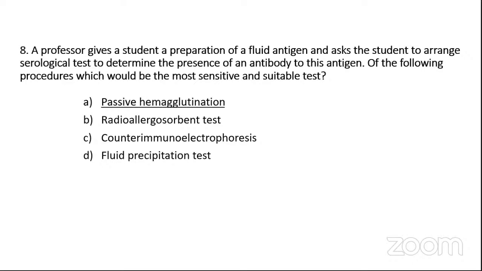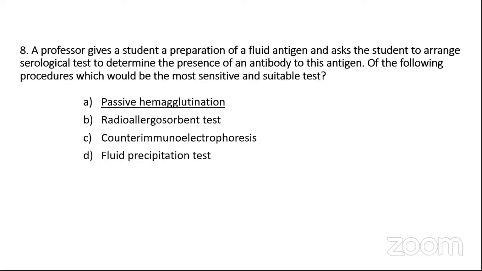See, the antigen is fluid. So it is a soluble antigen and you want to detect the antibody. If the antigen is soluble, what is the reaction that will take place? Precipitation. But precipitation reactions can detect mostly only antigens.